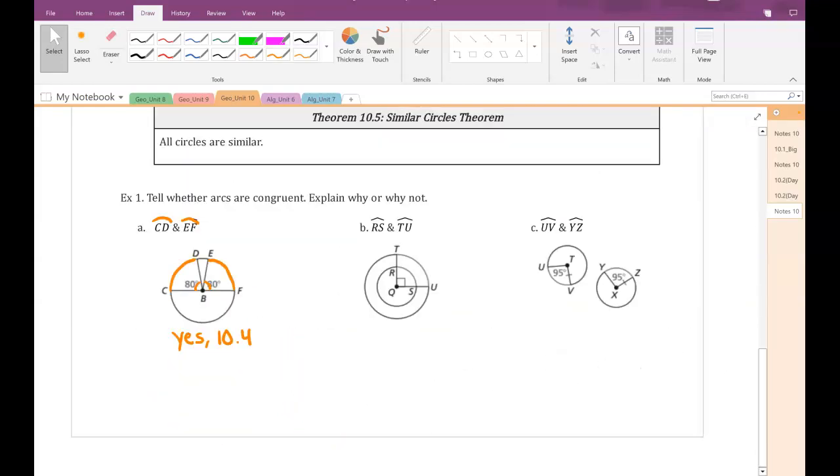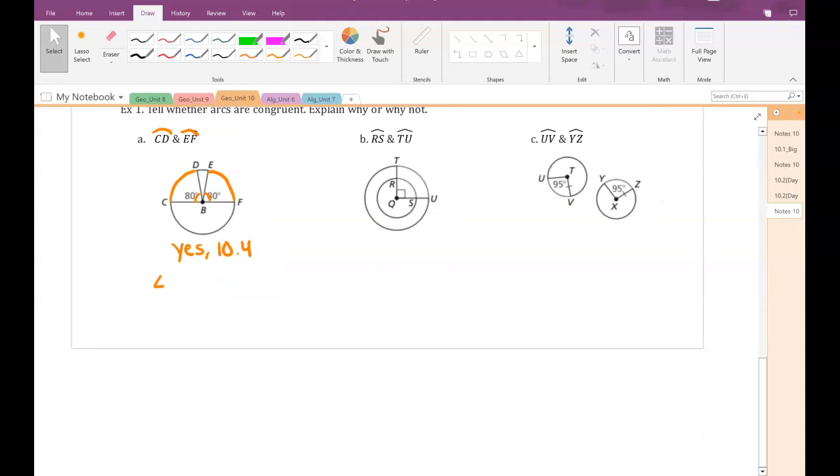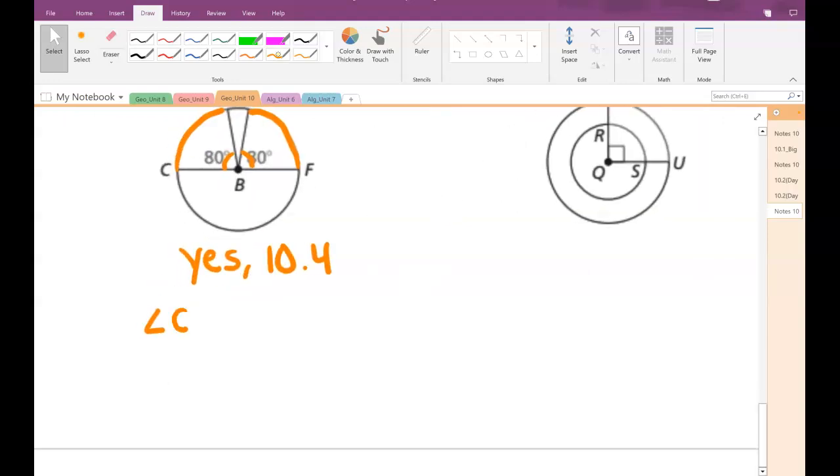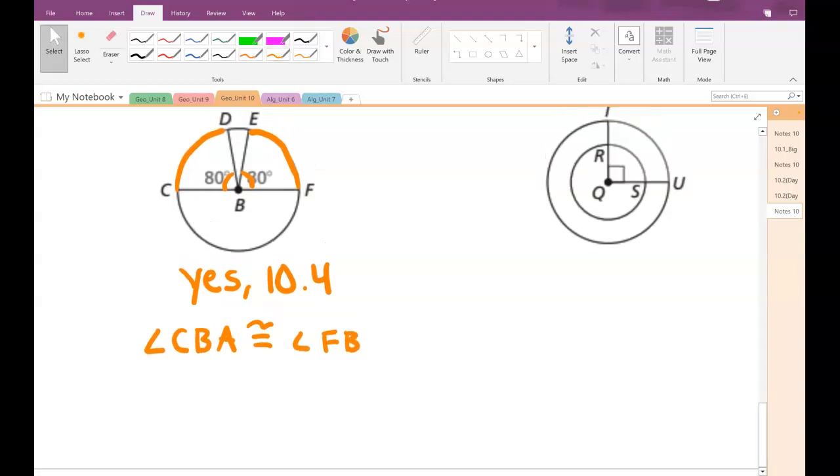Or you could express your reasoning like this. You could say angle CBD, not CBA, CBD, and then FBE is our other one.